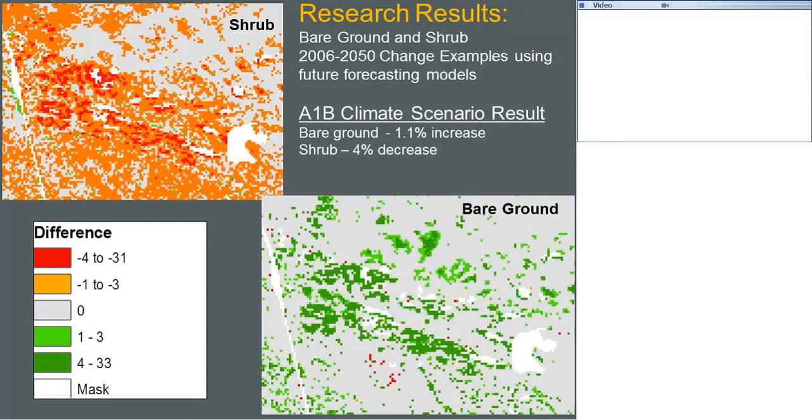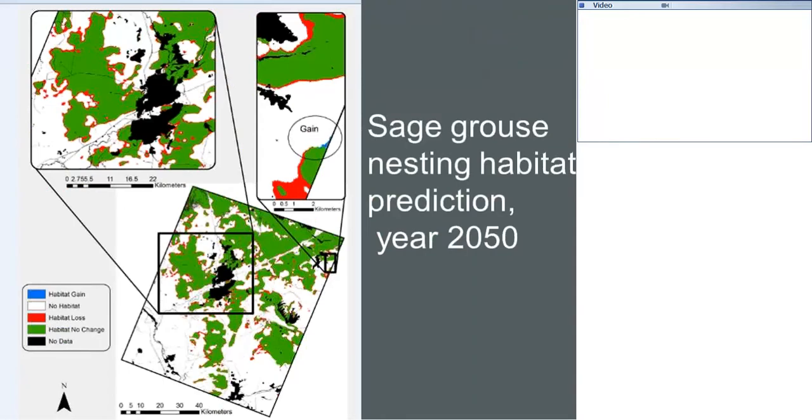So in this case, the greener they are means the more bare ground, the more orange in the shrubland, it means the less shrub. So bare ground is going up, shrub is going down, if you follow these patches out to the year 2050. The kind of scary thing about this is it's in a Wyoming zone that's supposed to be fairly stable when you look at climate predictions. So we're now exploring another more unstable area.